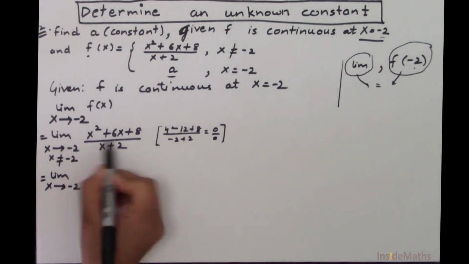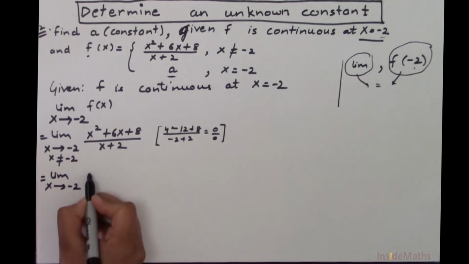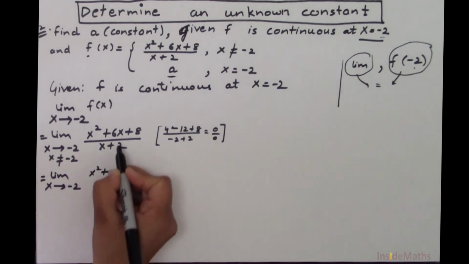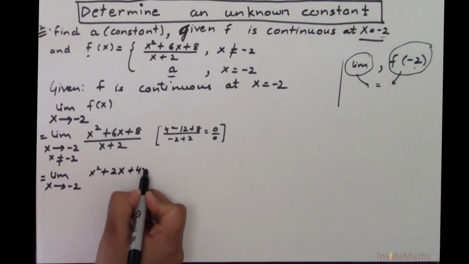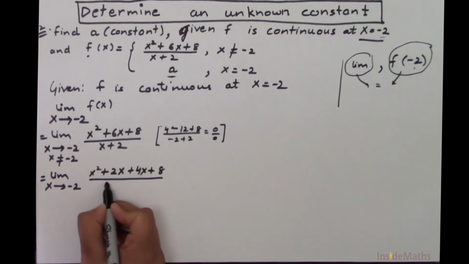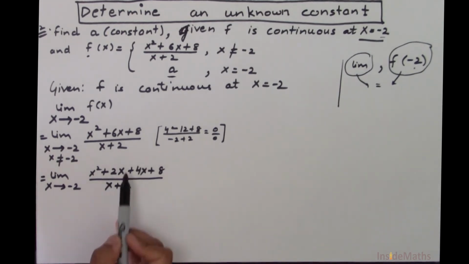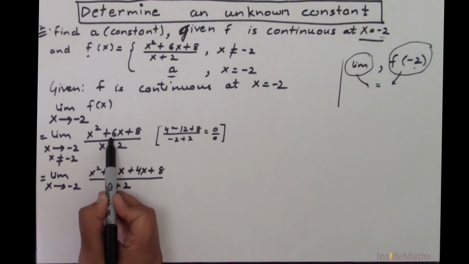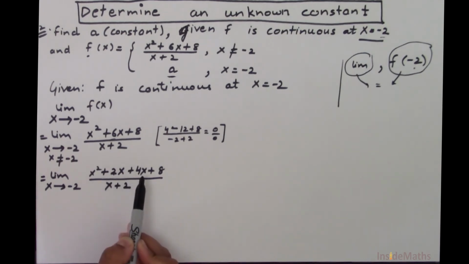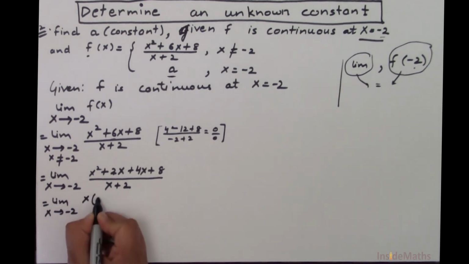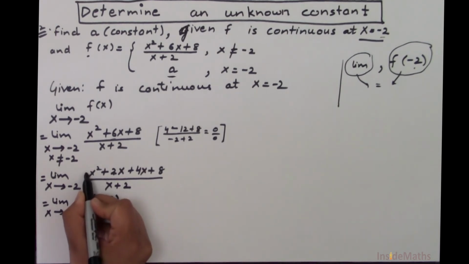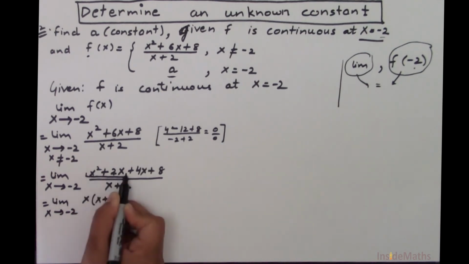So as this is a rational function, I'll try to make the factors. X squared plus, if I split 6x, I can write it into 2x plus 4x plus 8 divided by x plus 2, as if I add 2 and 4 I get 6, and if I multiply 2 and 4 I get 8. So I can write it as x plus 2. I took x common from these two terms.